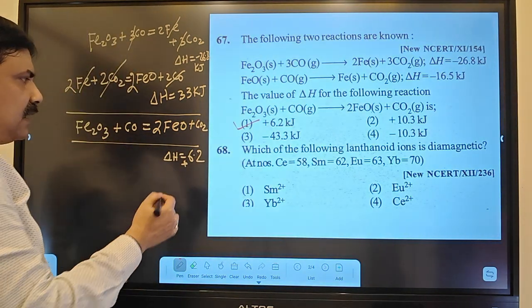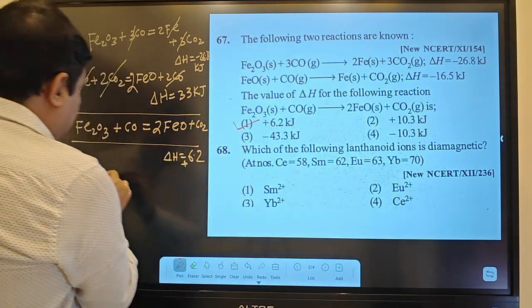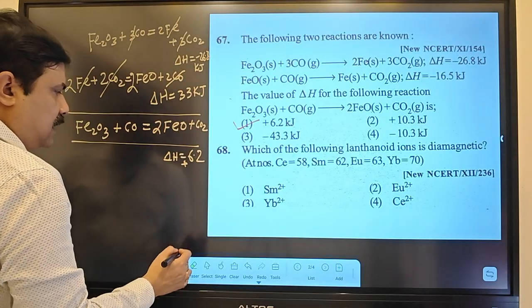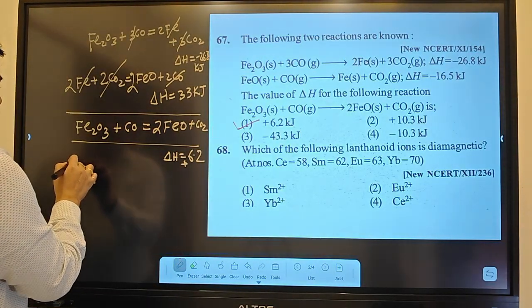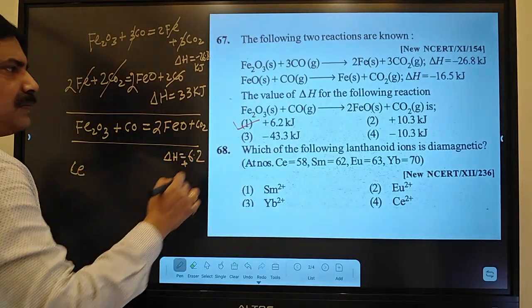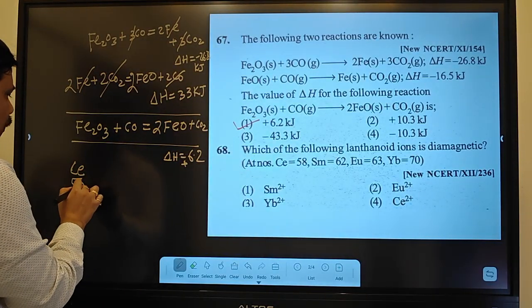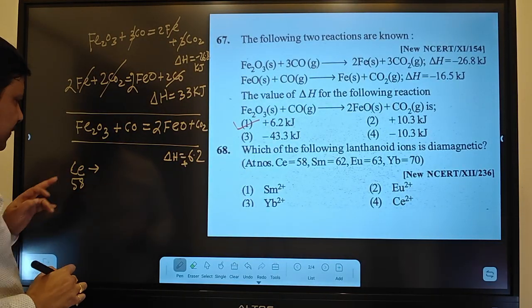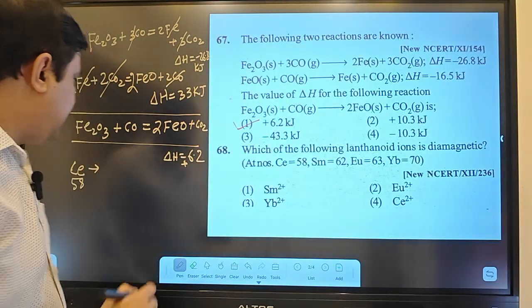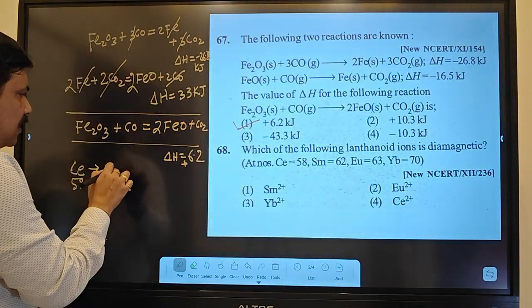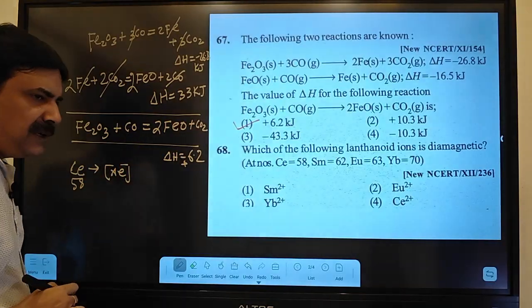For cerium, the atomic number is 58. Like that, I am showing you for every one. Cerium has 58 electrons. Before that comes the inert gas xenon. So if I write the xenon core, xenon is which period element?